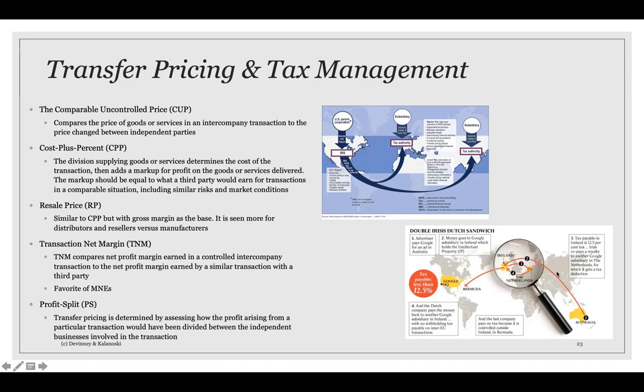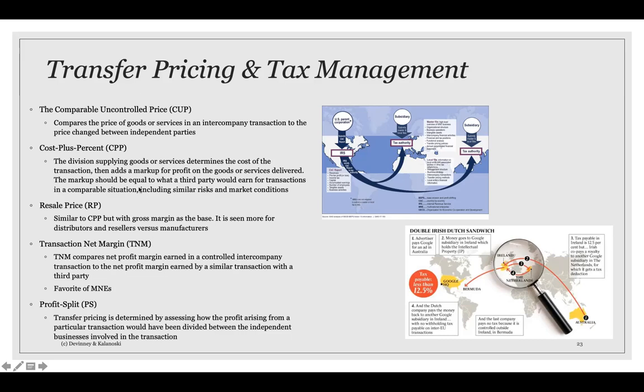It's the fact that these are all internal transactions, which means that some sort of internal made-up price has to be created between whatever assets or goods or services are being shipped between one locale and another. And in this case, of course, is purchasing an ad on Google in Australia really purchasing an ad on Google in Australia? And the answer is no. It's actually purchasing an ad in Ireland.